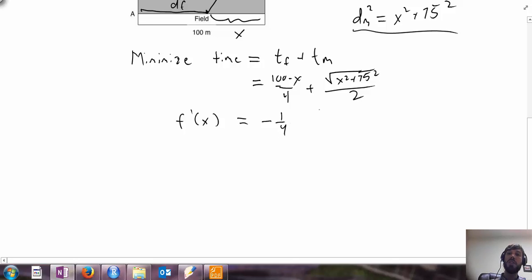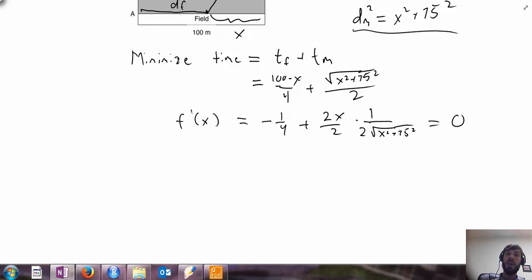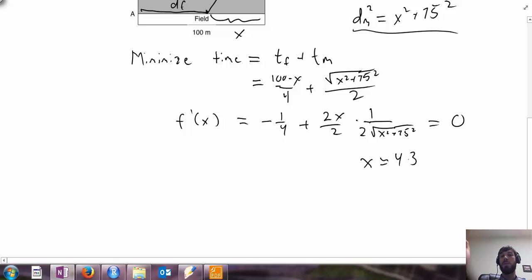Now over here, you do need the chain rule. So we take the derivative of the inside, and then we multiply it by the derivative of the outside, which would be 1/2 square root of x squared plus 75 squared. And we set this equal to 0, we do some algebra, and we solve for x, and we end up getting that x is about 43 meters.